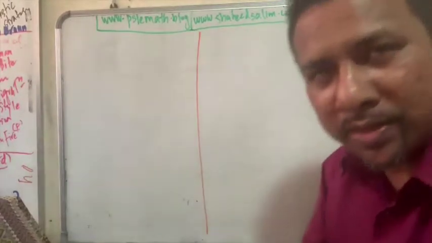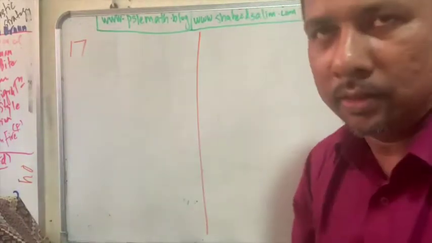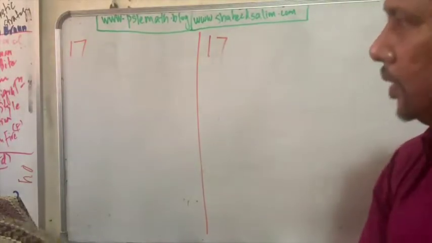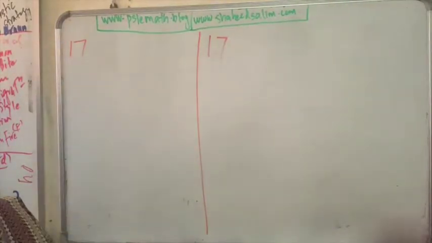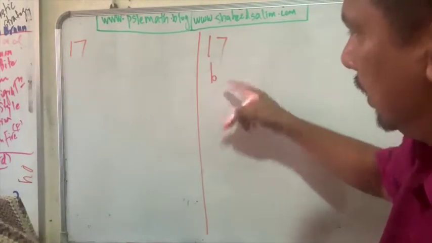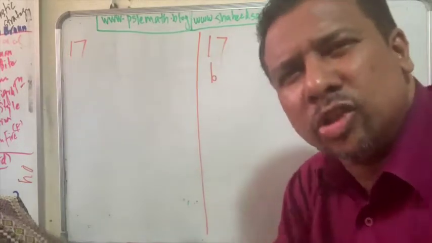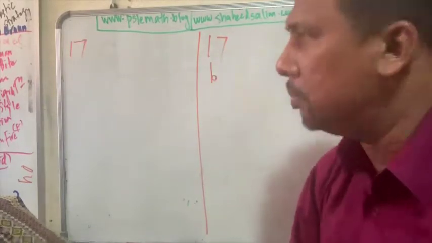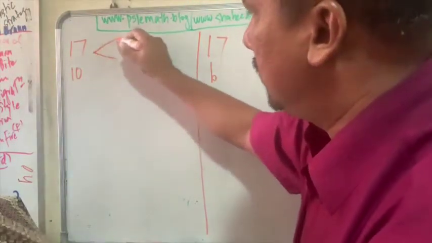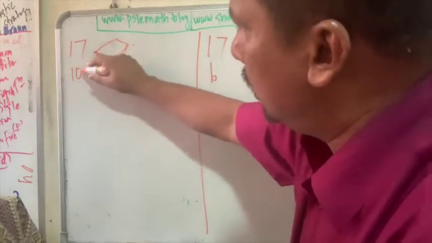Remember, the question says there are 17 boxes of candles here. And we are told that in each box there's actually B number of candles. I said earlier, let us assume it's a number. What's the number? There are 10 candles. So there are 17 boxes, and in each there's 10.